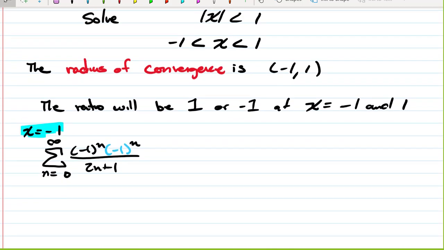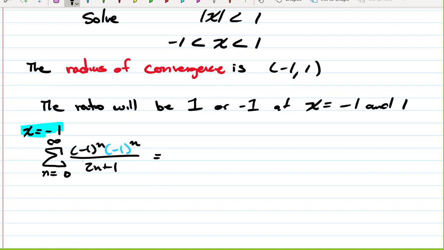So then -1 times -1 to the n is going to be, when we multiply two things with the same base, we add their exponents, so that's -1 to the 2n. But -1 to the 2n is always going to be an even power, so that's going to be 1. So we're going to end up with 1 over 2 to the n plus 1 for our a sub n.